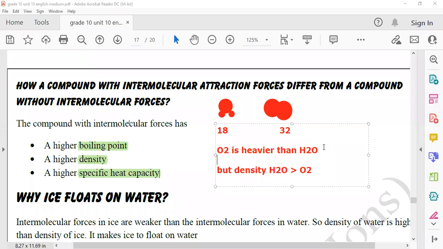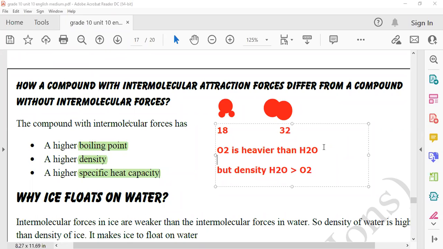Reason: H2O has intermolecular forces. They say these intermolecular forces are the reason why H2O is in liquid form at room temperature. You know, O2 is a gas at room temperature, correct?